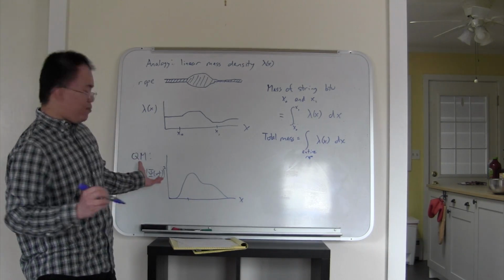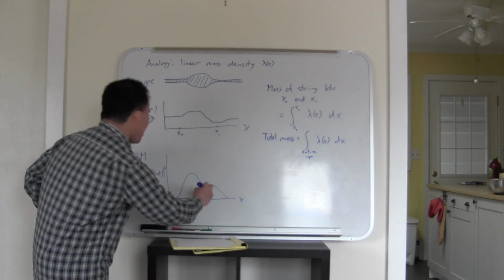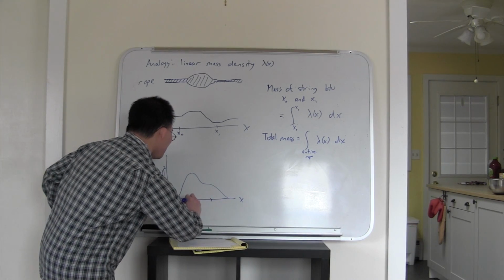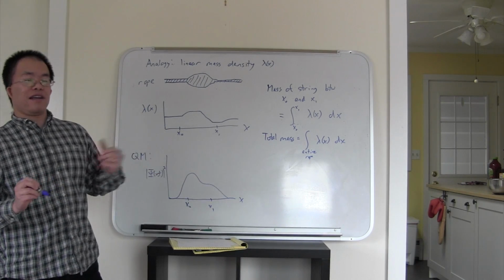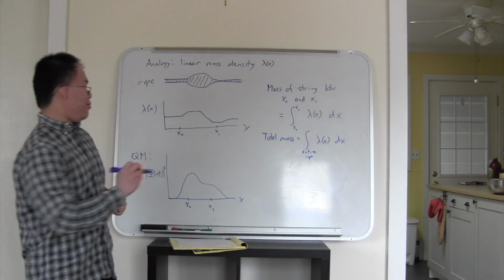Now, if this wave function describes some particle, the probability of finding my particle between x0 and x1 is going to be given by the following.